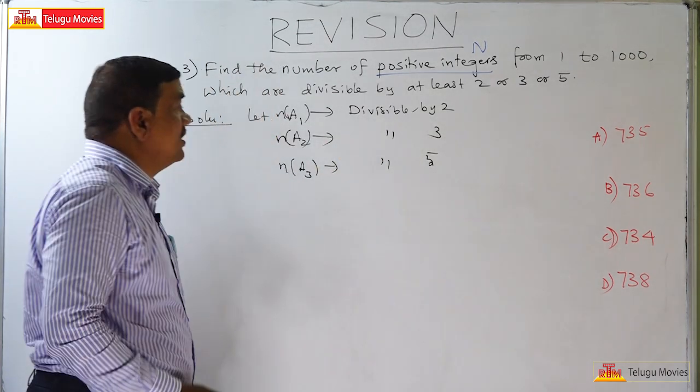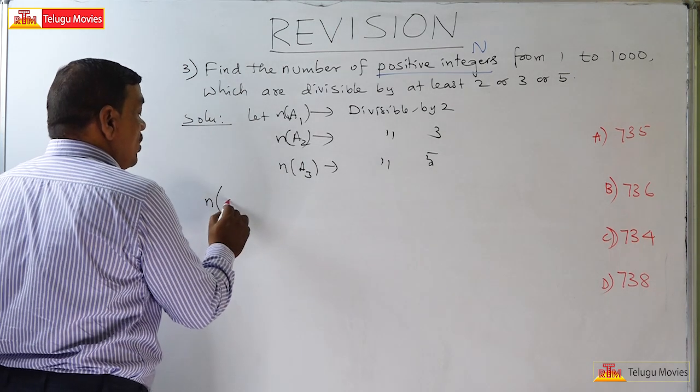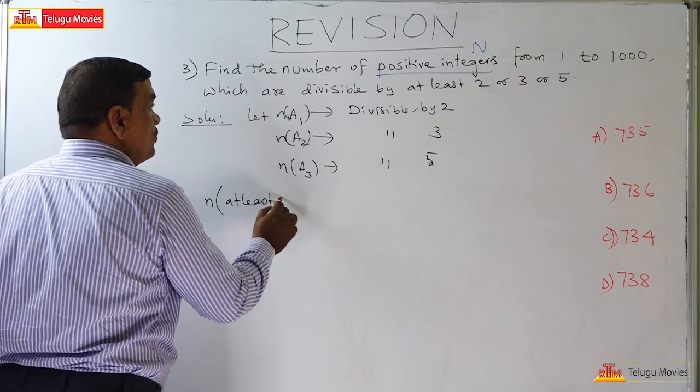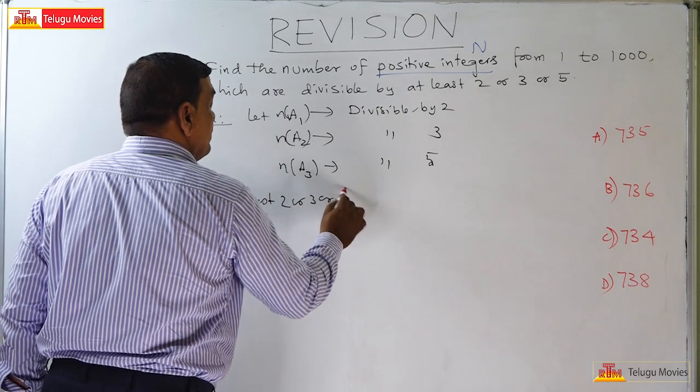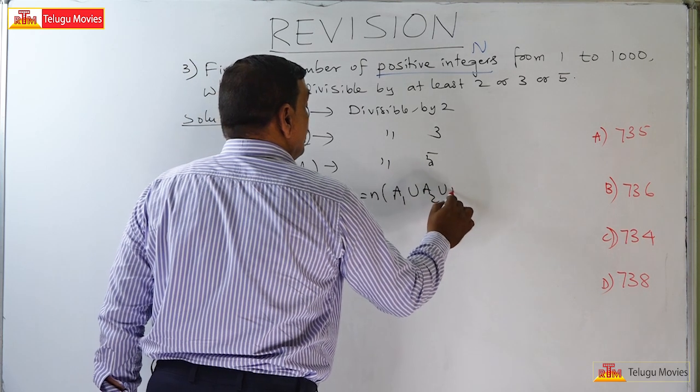Now in the set notation, you want the count of numbers divisible by at least 2 or 3 or 5. You have to find out n of A1 union A2 union A3.